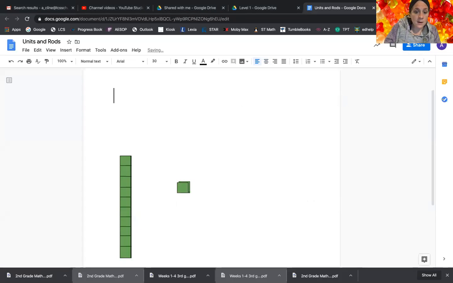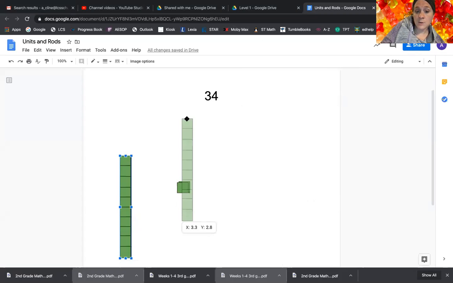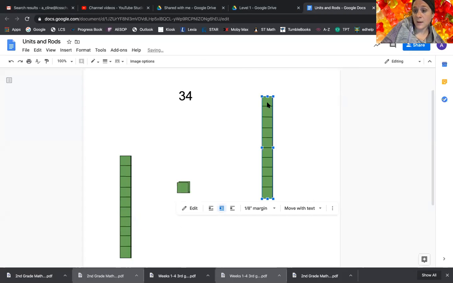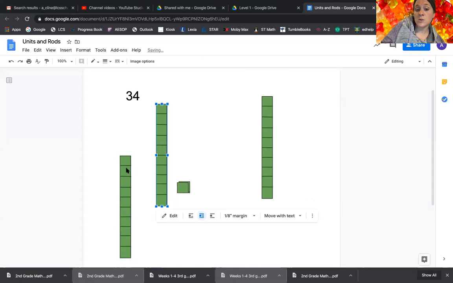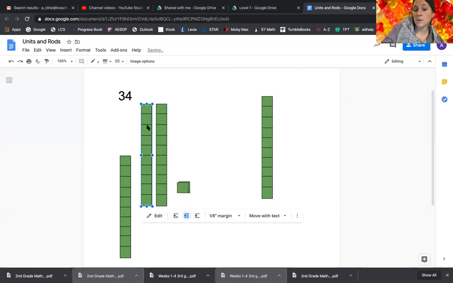If I have the number 34, I know that it has 3 tens and 4 ones. But what they're saying is I'm going to take one of the tens and put it over here. Now I have to have another number that makes this up. Ready? So I have 1 ten. Now I'm going to have 2 more tens. There's 30, 10, 20, 30.